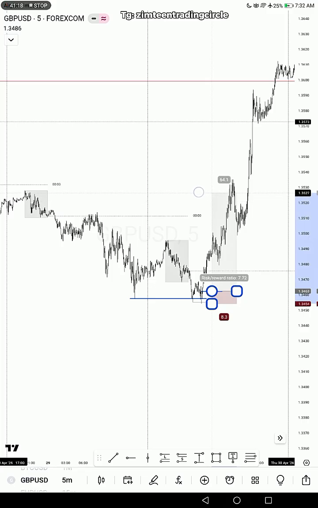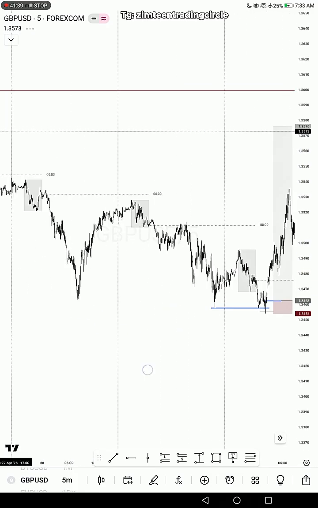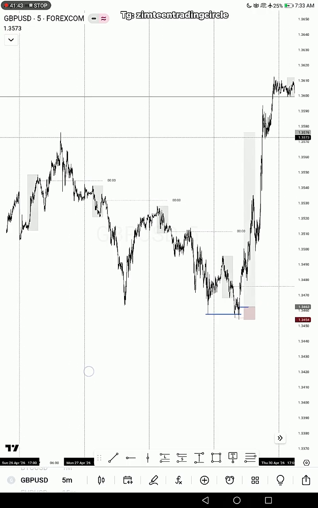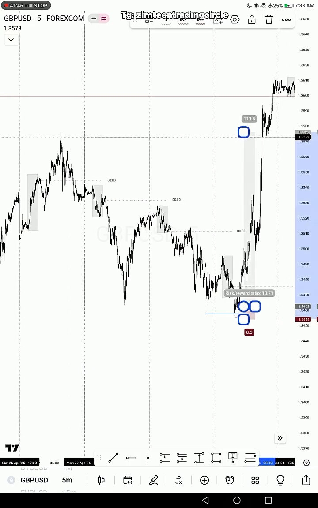So observe the RR right here, 6 RR, then 7 to 8 RR, yes, 8 RR. Then right here, Monday's high, 13 RR, 13 risk to reward.